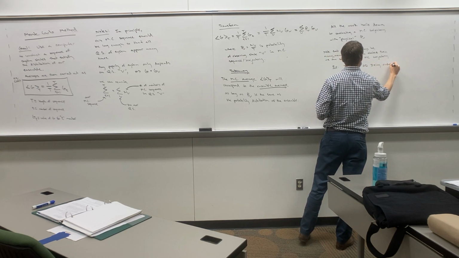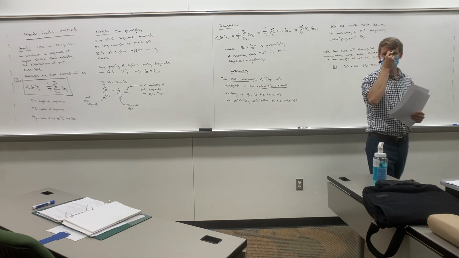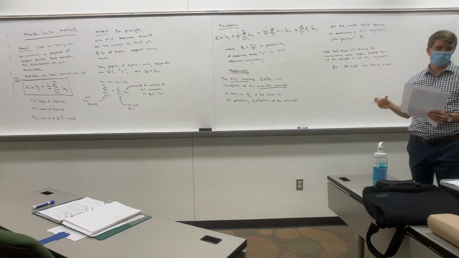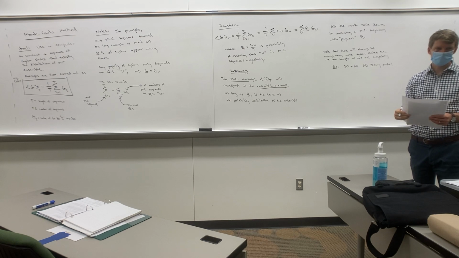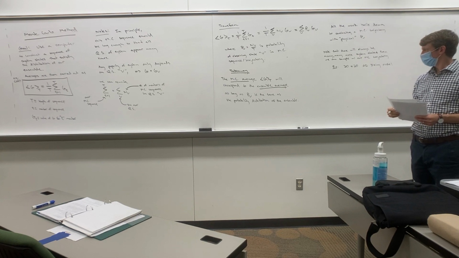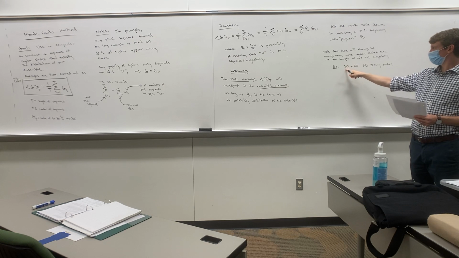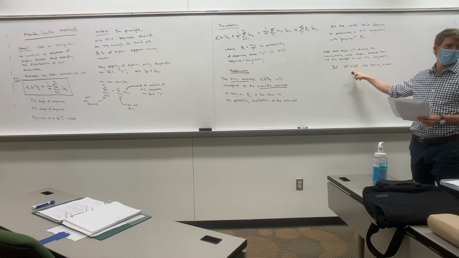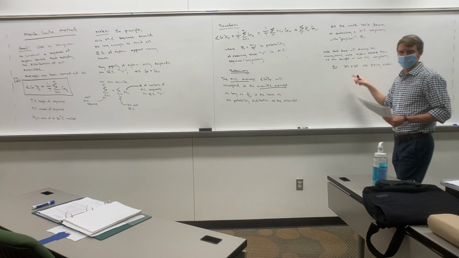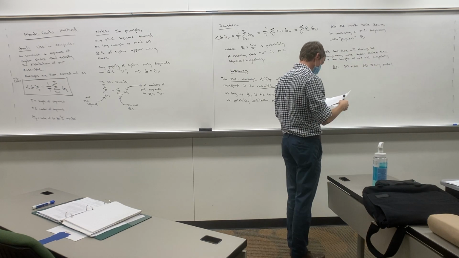How many states of the system are there in a 20 by 20 Ising model? Each spin can be either up or down, right? So there are 2 possible states for each spin. I have 400 spins, so it's like flipping a coin 400 times. So 2 to the 400, right? So there are 2 to the 400 possible states.